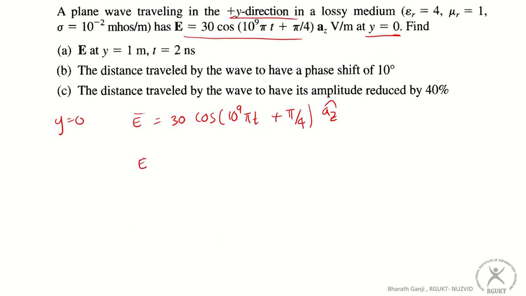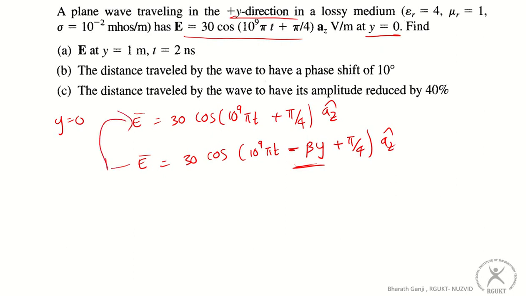So I can write the general format as something like this: cos of 10 power 9 pi t minus beta times y plus pi by 4 in az cap. Since the wave is traveling in positive y direction, you have a minus beta y. So when you put y equal to 0 in this equation, you get back this equation. So I estimate that this is the general format of my electric field.